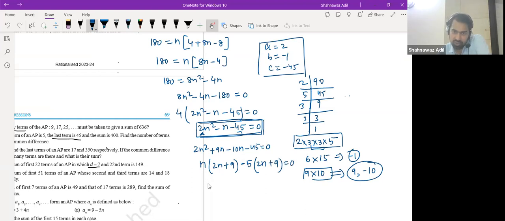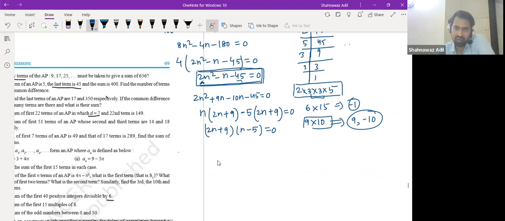So one factor would be 2n plus 9 and the other factor is n minus 5. So one solution would be n equal to minus 9 by 2 and the other solution is 5.